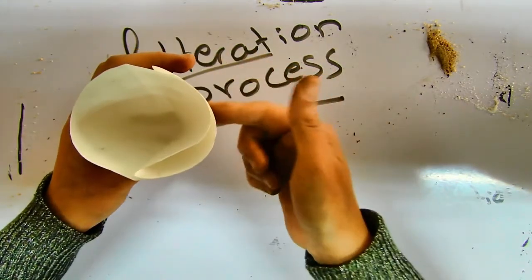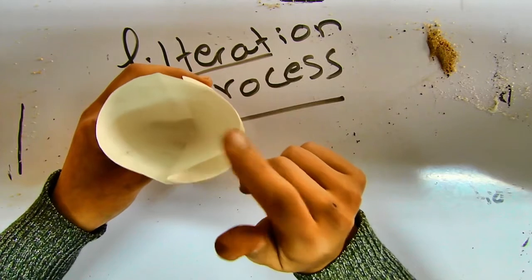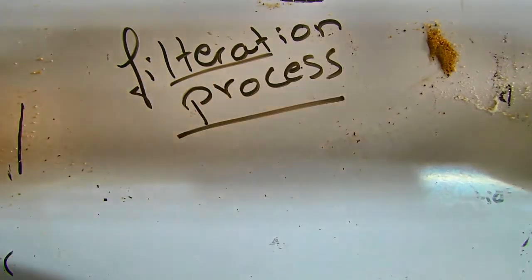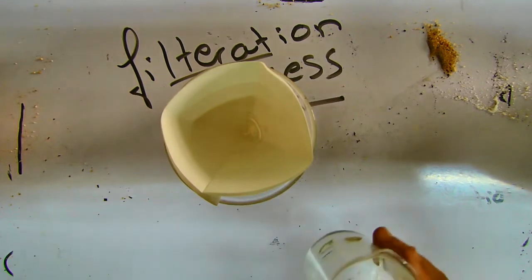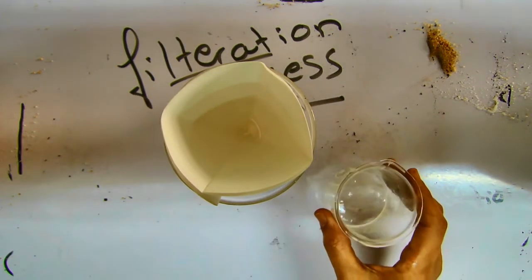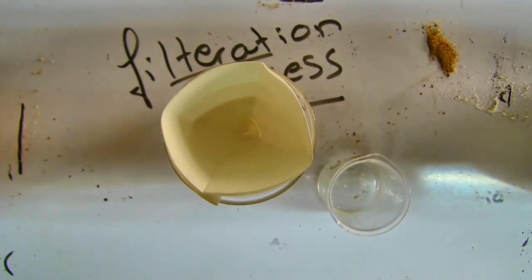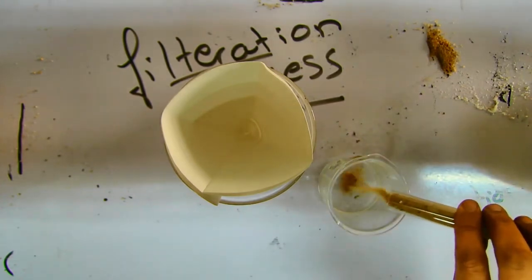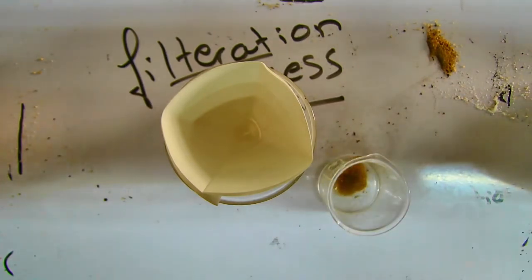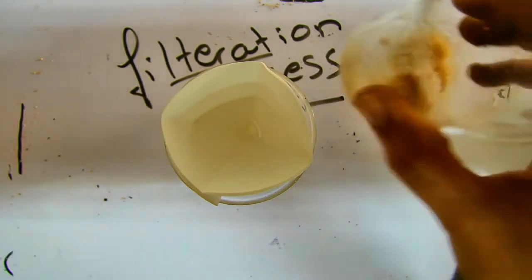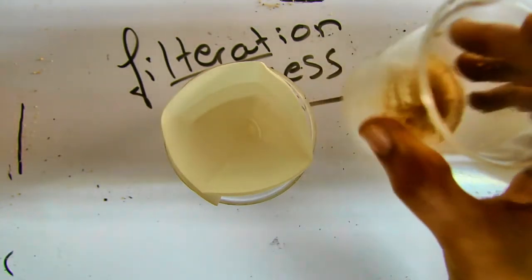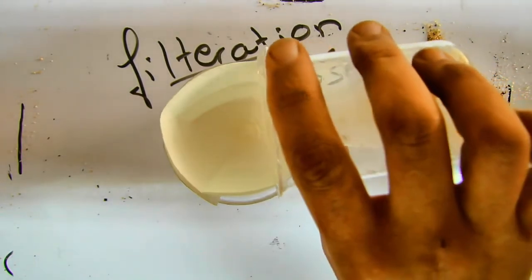The water will drop down and the sand will stay inside the filter paper. Here we have water with the sand. We shake this to make a mixture, sand with the water, and put it down here.